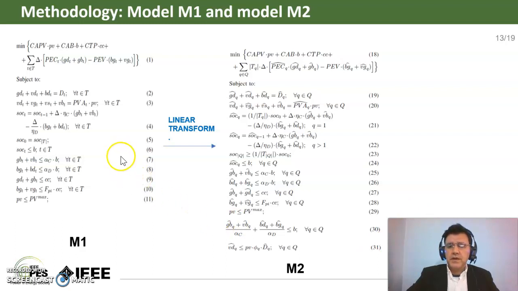We apply the linear transformation that defines the average values to the equations in the model M1 to get the corresponding transformed equations in the model M2.